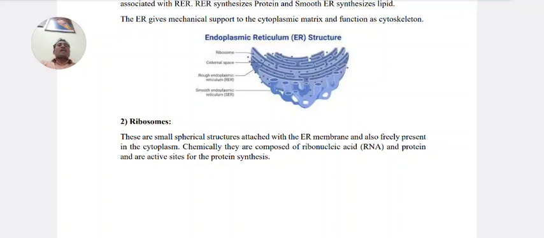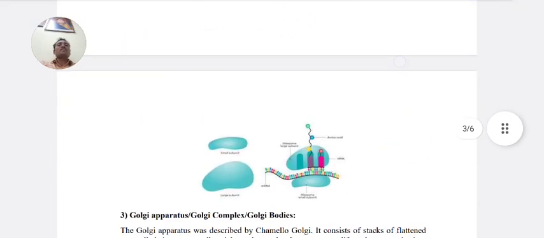Ribosomes are small spherical structures attached to the endoplasmic reticulum, or they are also freely present in the cytoplasm. Chemically, they are composed of RNA and protein, and they are the active site of protein synthesis.